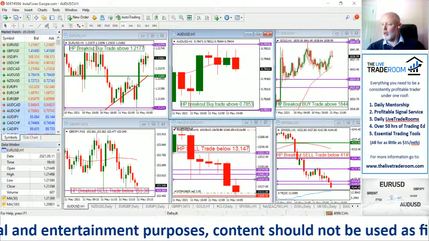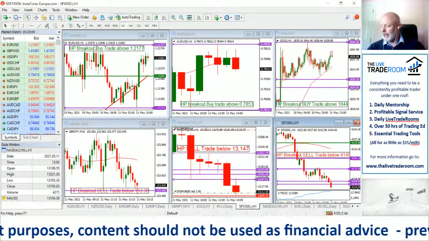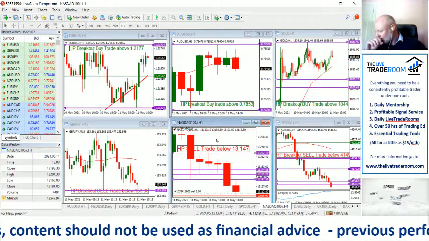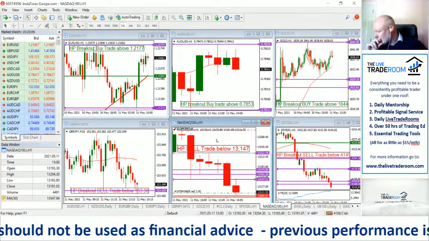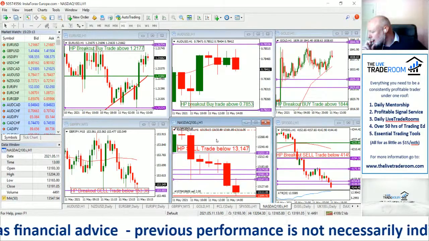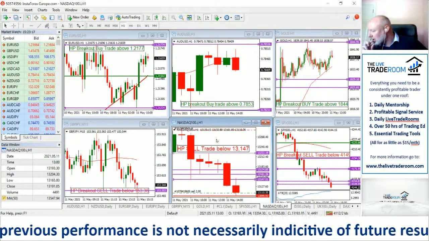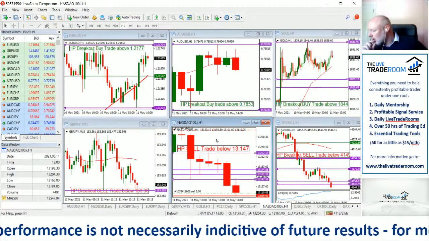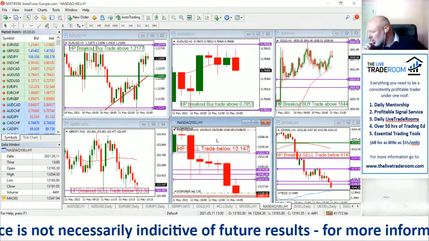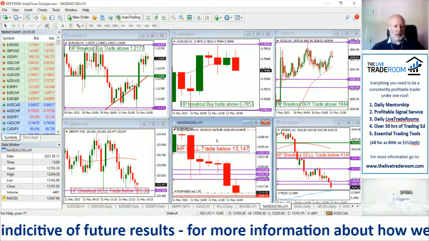Seems to be a lot more downside pressure on the US index markets. So let's see if we get that continuation move now.